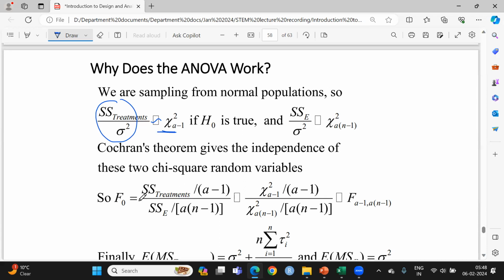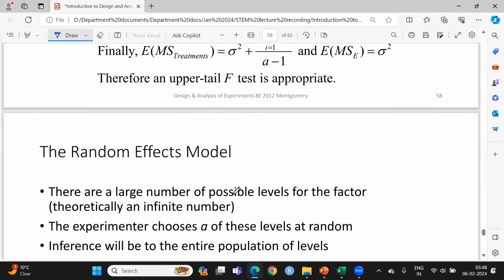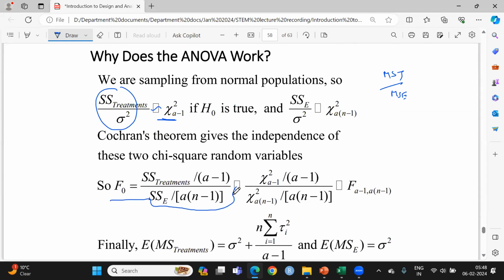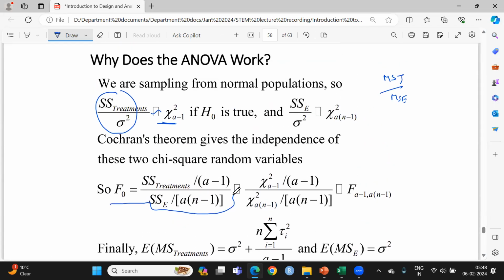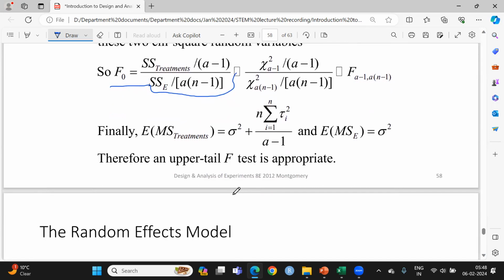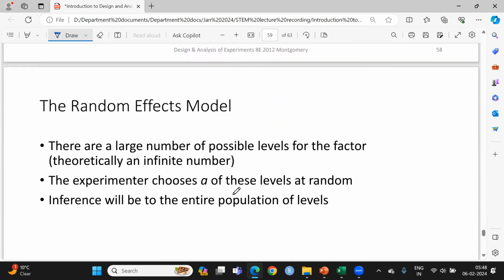Similarly, when we take the proportion of the sum of squares of treatment divided by the mean sum of squares of error, that follows the F distribution. These things are important, so one can easily see which distribution follows when we take the proportion of these two components.